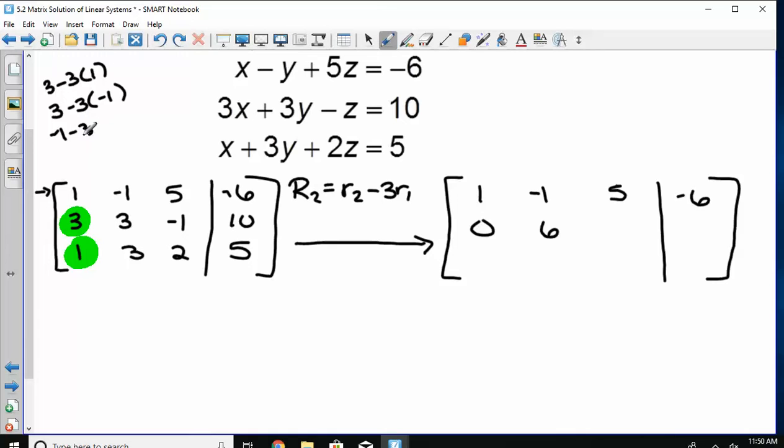Negative 1 minus 3 times 5, negative 16. And then 10 minus 3 times negative 6. I lost it.